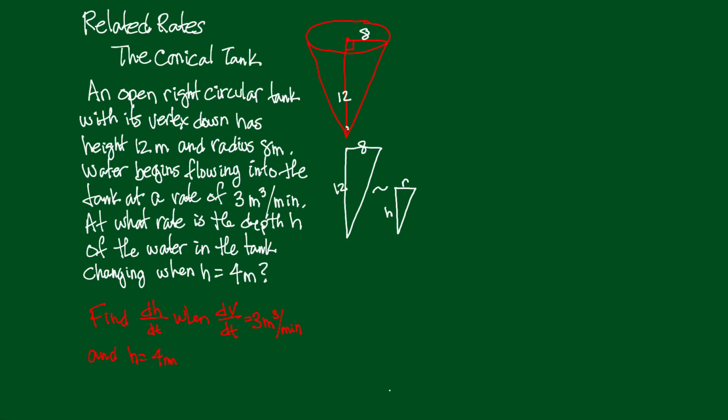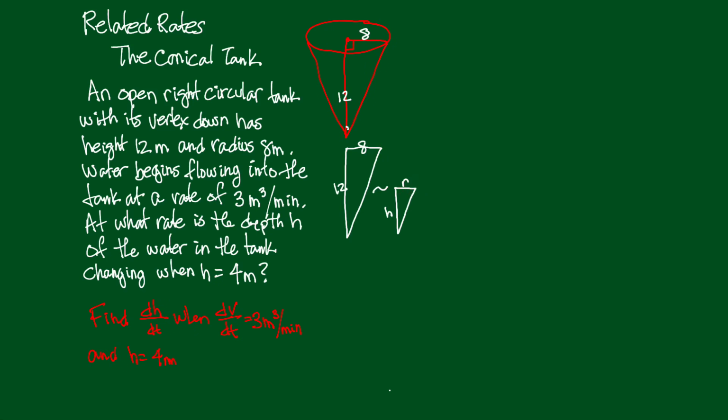Now I need to know something about similar triangles, and what we know is this, that corresponding sides are proportional. So this side is to this side as this side is to that side. So let's write this.